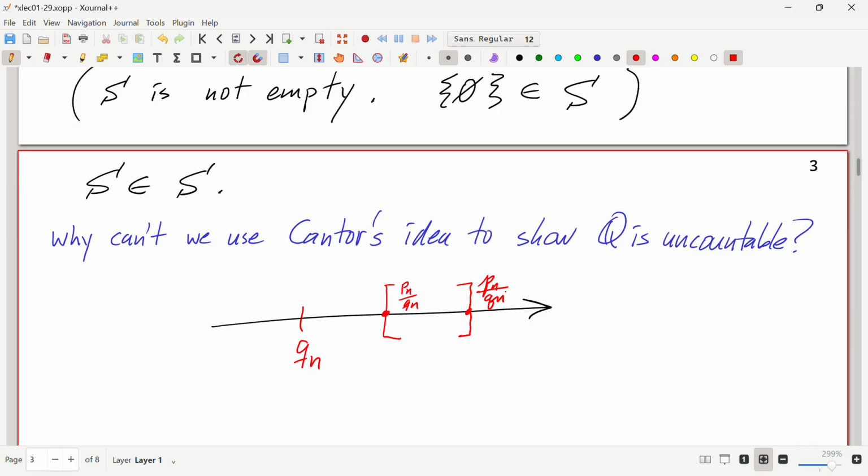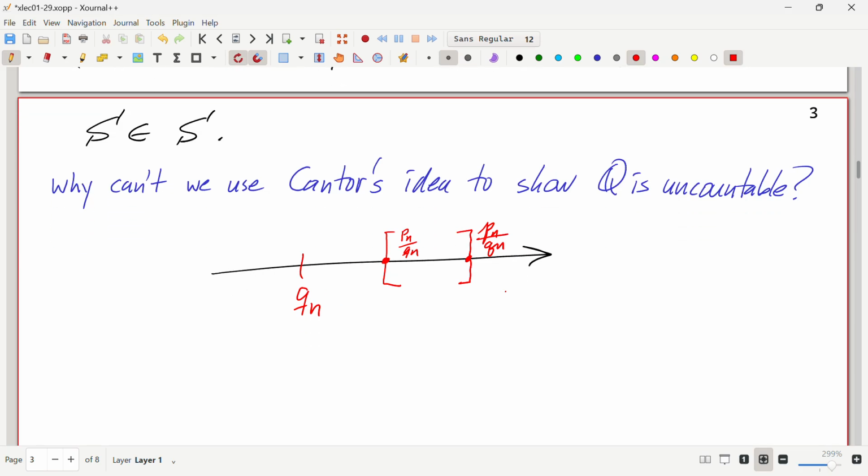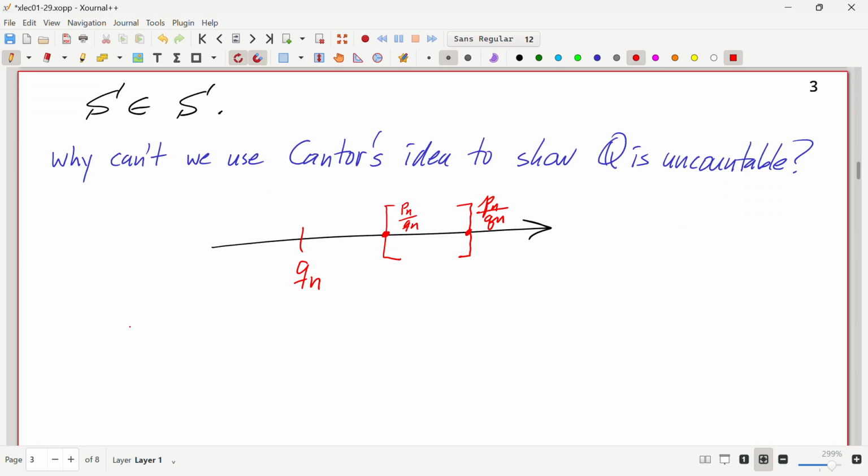What's the problem, though, when I do that? Yeah. You can make the thing in there irrational. Exactly. It might turn out to be a square root of 2. So it's going to bomb because the intersection is going to contain something.